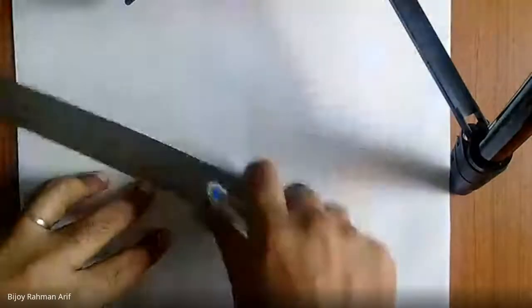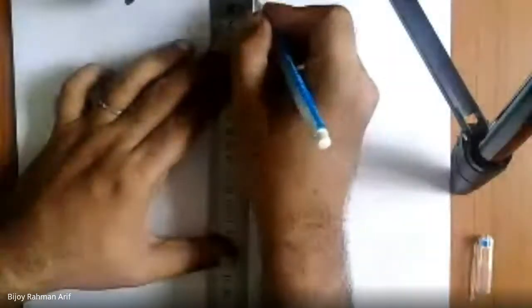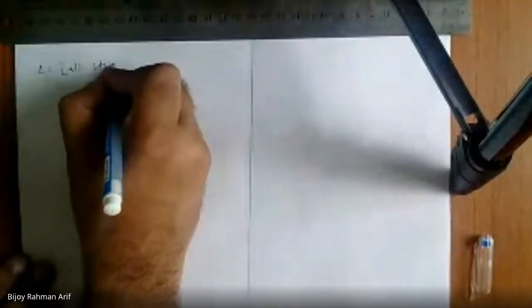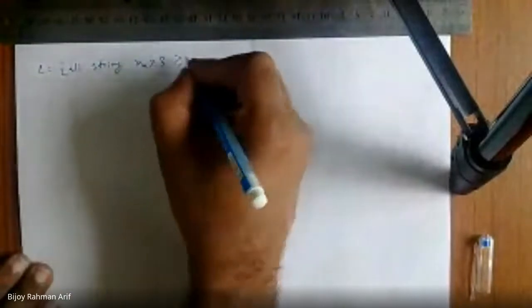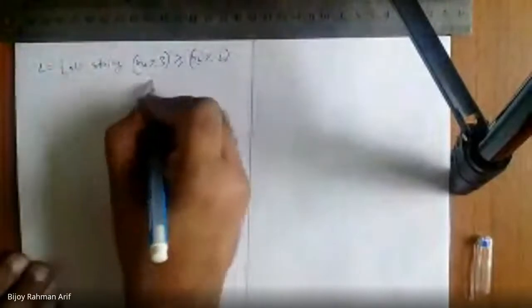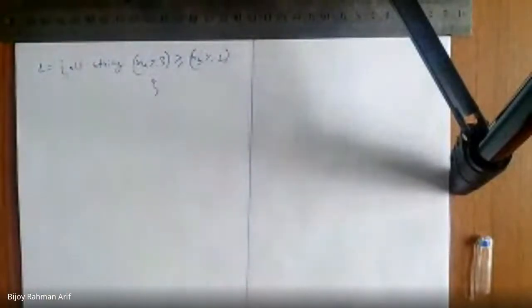My language is all strings where number of A mod 3 is greater or equal to number of B mod 2. This one. Number of A mod 3 is greater or equal to number of B mod 2.